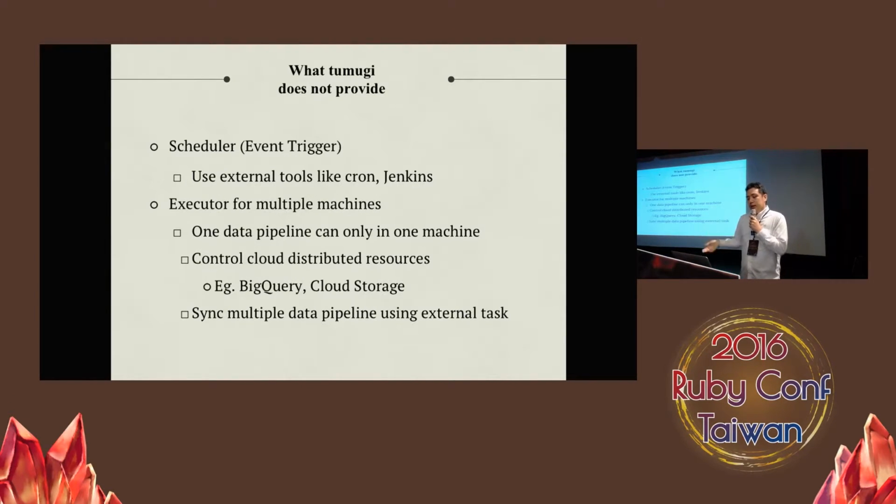So there is no need for a full stack distributed executor. But you can sync multiple data pipelines using the external task, which is bundled with Tsumugi. So if you want to sync multiple data pipelines on different machines, you can use this technique.